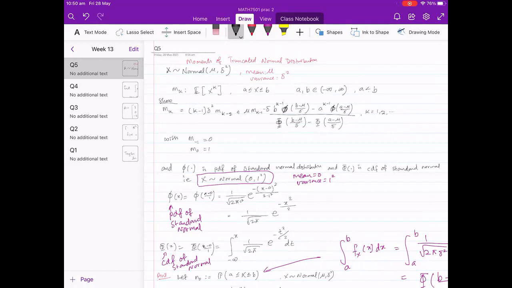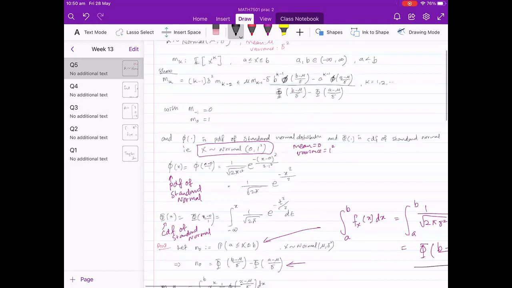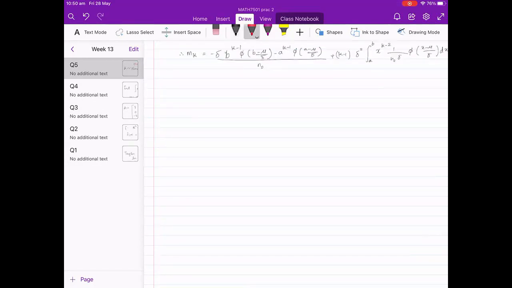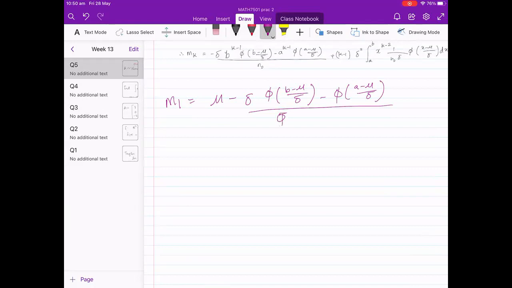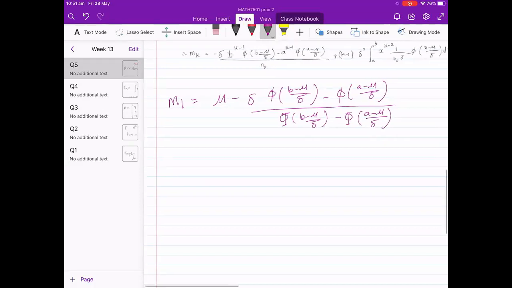For example, using that formula, you got M1 is mu sigma phi, and M2.